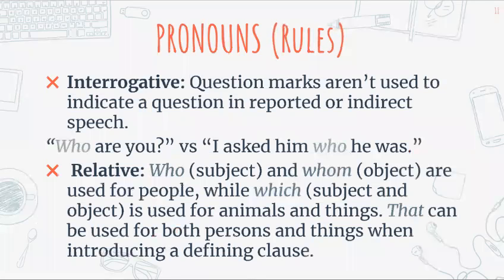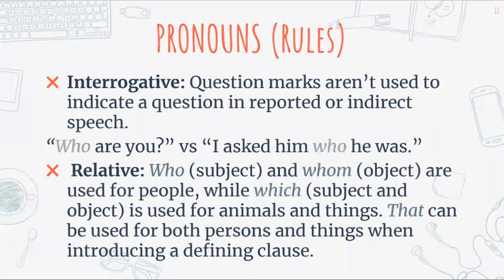Here are some rules now. Interrogative pronouns: question marks aren't used to indicate a question in reported or indirect speech. In writing, when a character is speaking, we can say, "Who are you?" with the quotation marks and also the question mark.